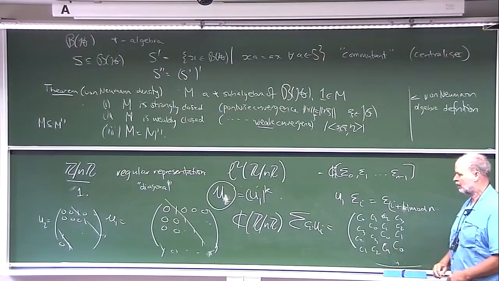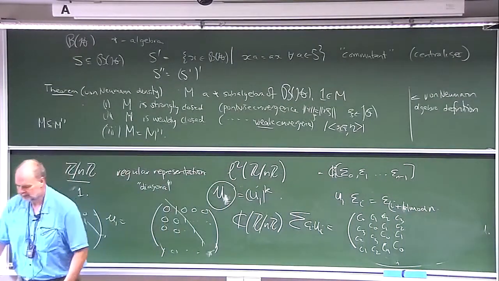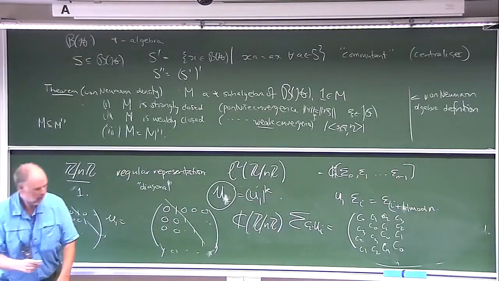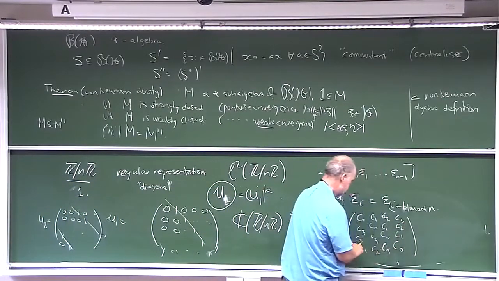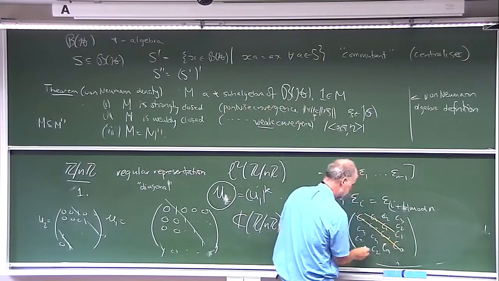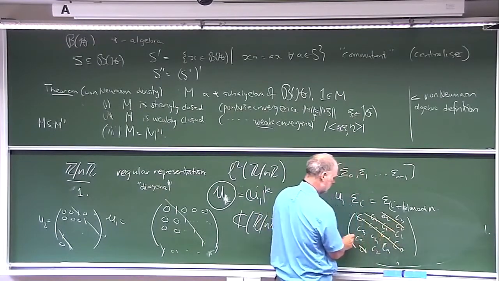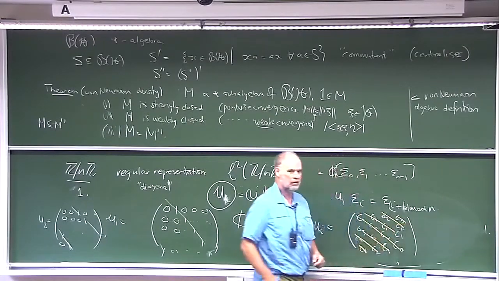Okay? The point is, and I really want to drive this home, that it's constant along these diagonals. Constant there, constant there, and constant there. And then there's the c3s. Okay?